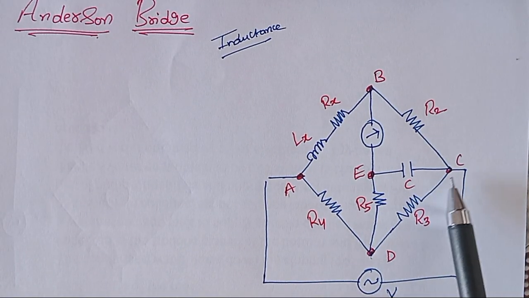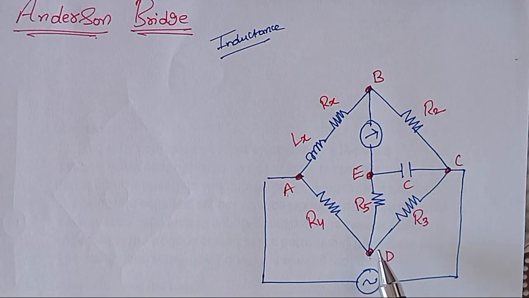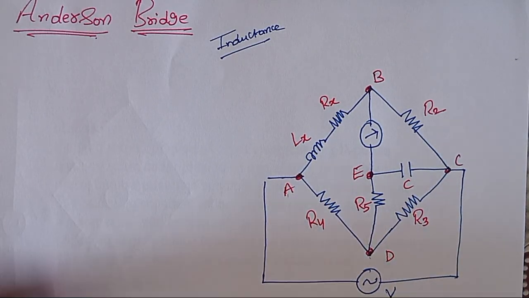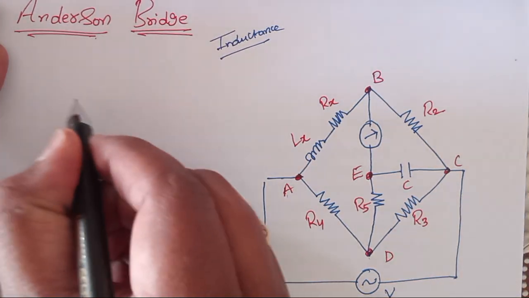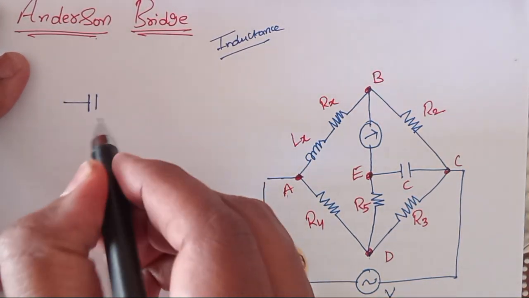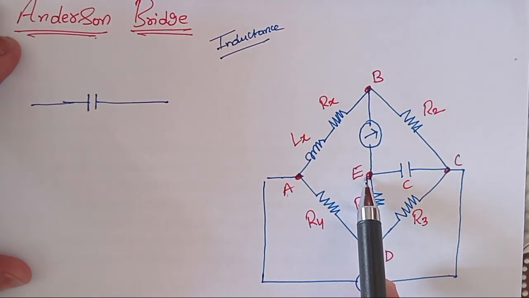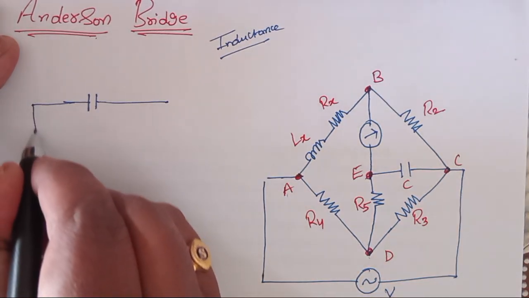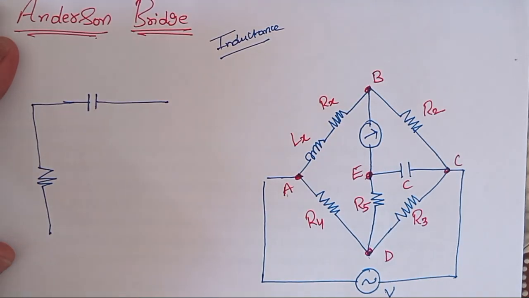So I'm taking this portion only, that is between the terminals E, C, and D only. I'm drawing E, C, D separately. Between the terminals E and C you have the capacitor C. Next here is the resistor R5, and here one more resistor R3.